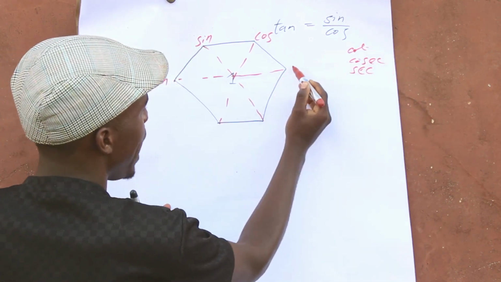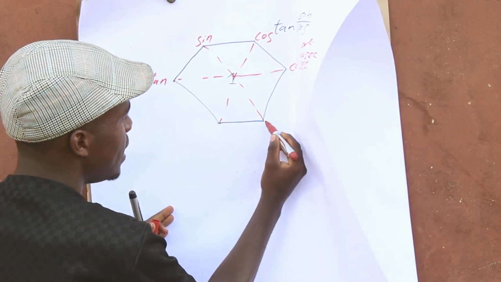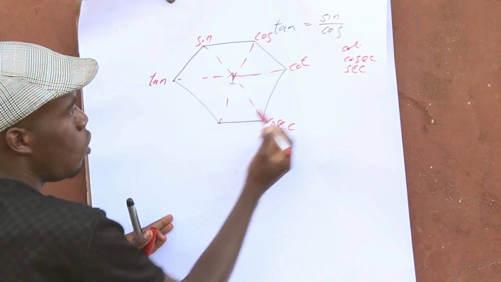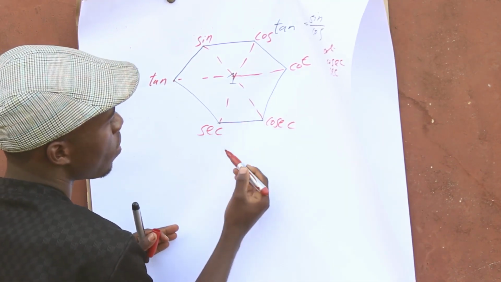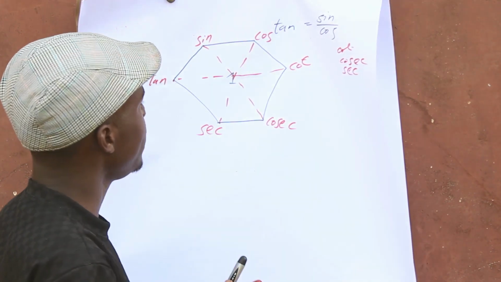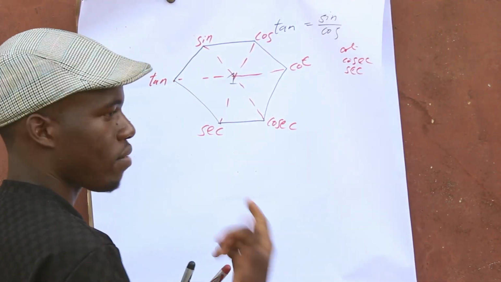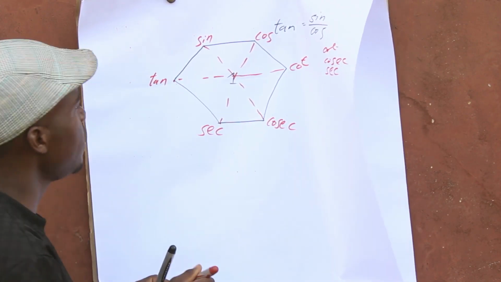So here you write cot at this bit. Then here you write cosec. After that, you are remaining with the secant, so here you write sec. Once you have written this, you can now proceed to deriving the trigonometric functions.